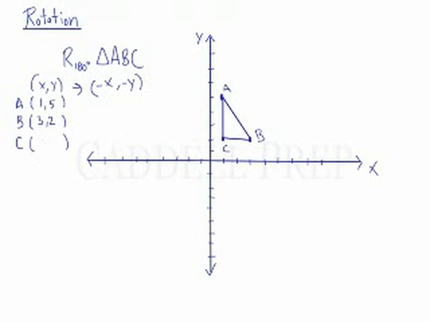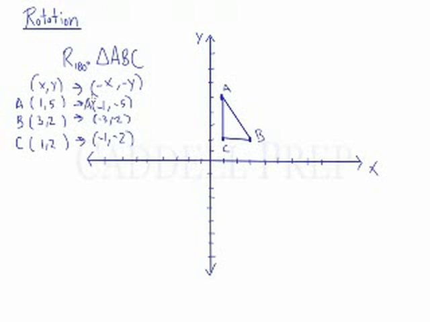And C we have (1, 2). So we're just going to take the x and y coordinates and negate them. X becomes negative x, y becomes negative y. So A becomes (negative 1, negative 5). B becomes (negative 3, negative 2). And C becomes (negative 1, negative 2).